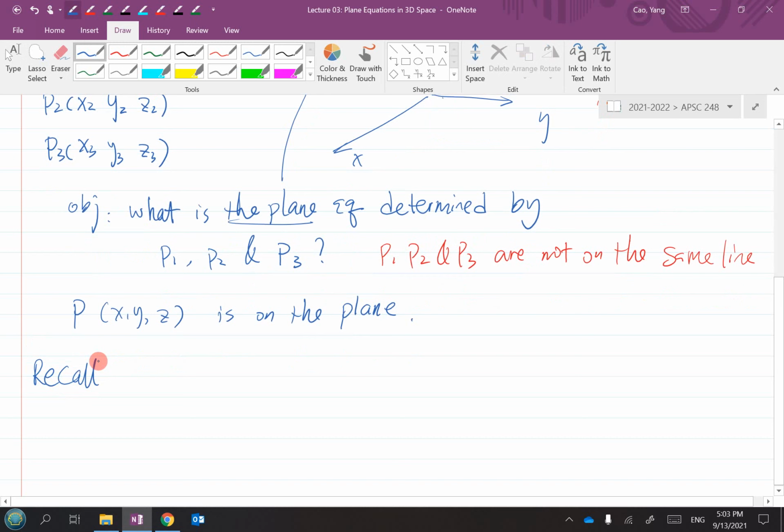To solve this question, I'm going to bring your memory back to our first lecture when we did the review. We looked at this problem, which is the volume of a parallelepiped.